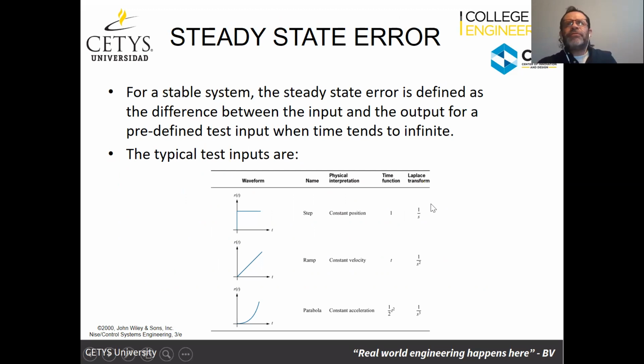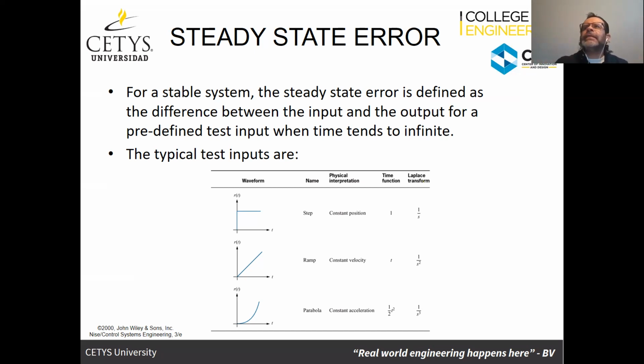So how do we define the steady state error? The steady state error is going to be referenced with regards to the final value that a system's response is going to have when time tends to be infinite, for the situation of a stable system. Remember that a stable system is a system where we have a transient and then that transient ends.